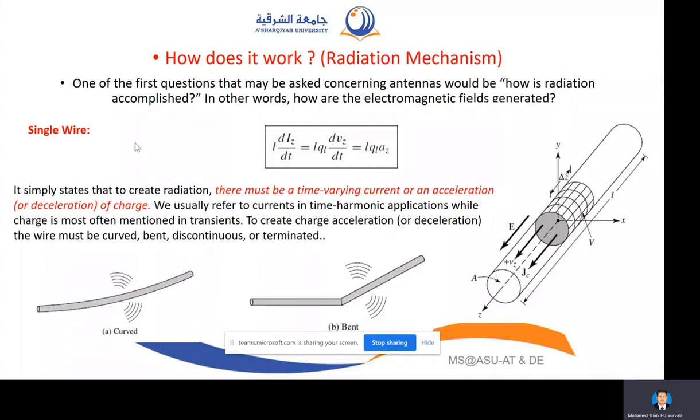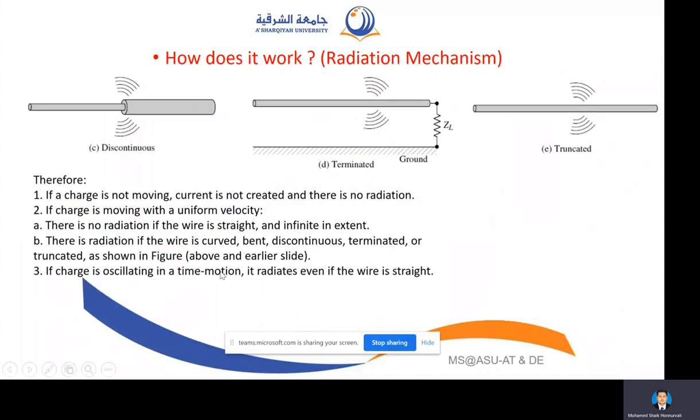However, if the wire is straight and infinite in length, you will not have radiation. There are some characteristics needed to generate the radiation. The wire should be either curved, bent, discontinuous, grounded, or truncated. So these are the conclusions we have seen in yesterday's class.